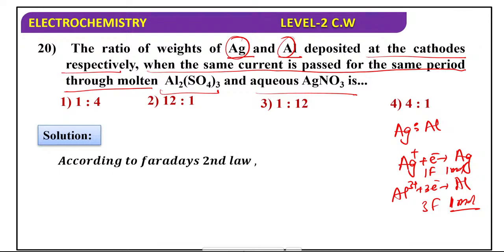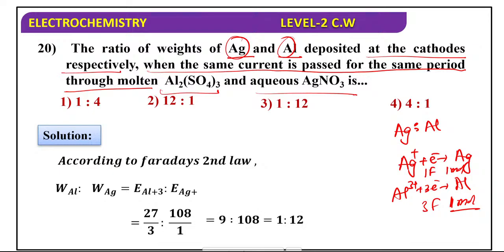According to Faraday's second law, weight of aluminium to weight of silver deposited is equivalent weight of aluminium to equivalent weight of silver. So very good. 27 by 3, 108. Okay, it is written as aluminium to silver. So it is silver to aluminium.